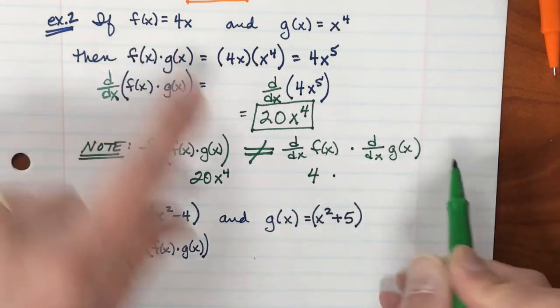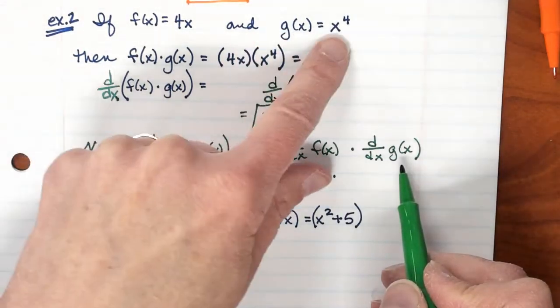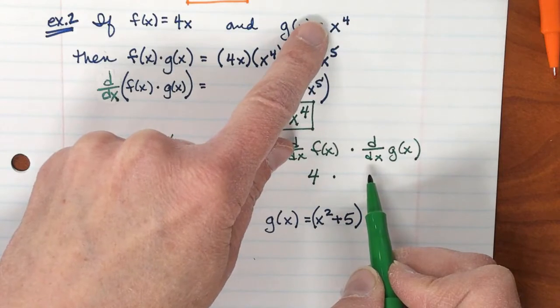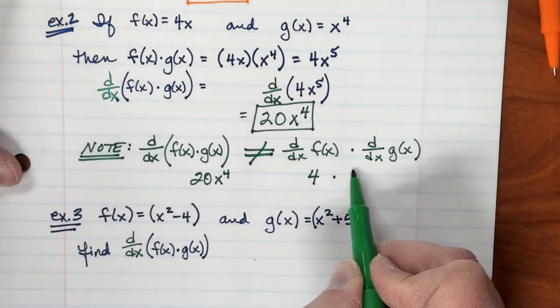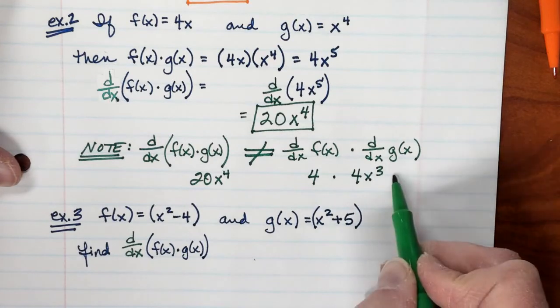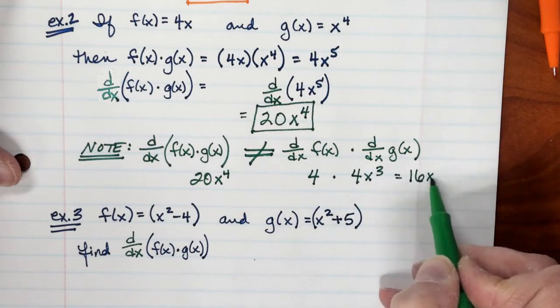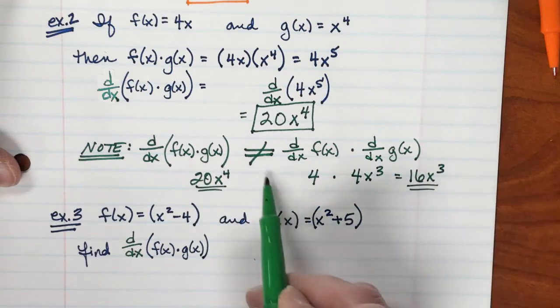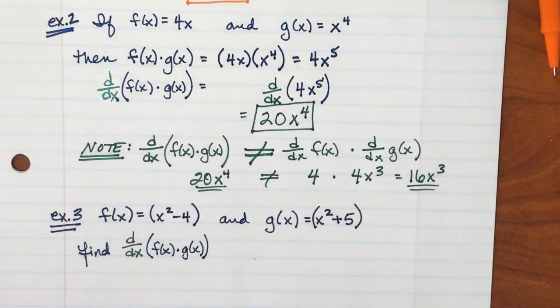The derivative of g is, right, bring the 4 down times the coefficient of 1 in front, so that's going to be 4x to the 3rd. Well, 4 times 4x cubed equals 16x cubed. You can see that those do not equal one another.